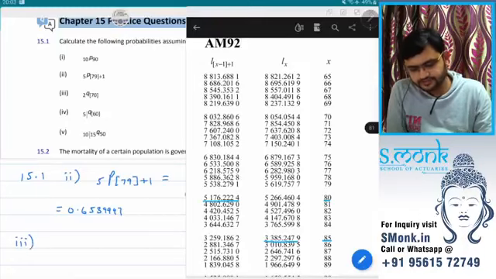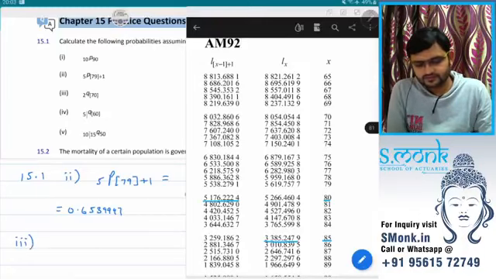For the third one, that is 2Q select 70. So now the person was selected at age 70.